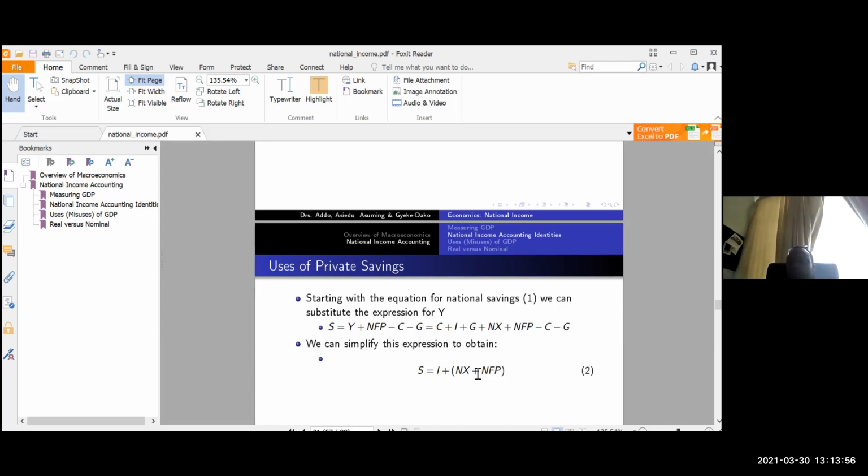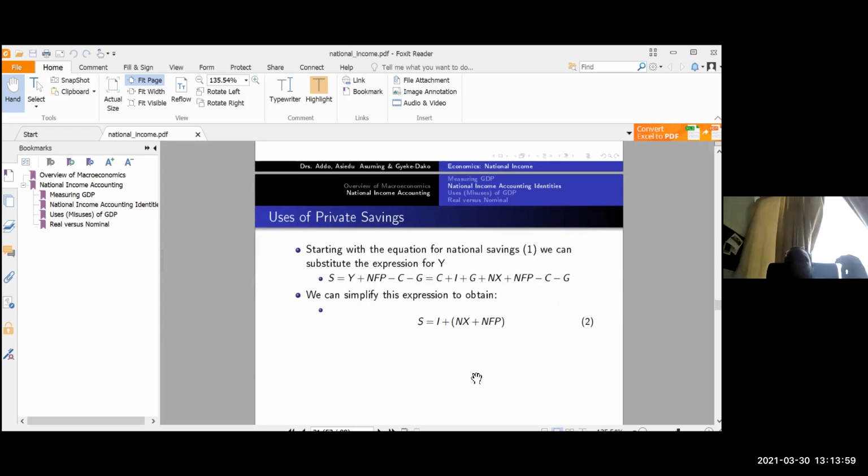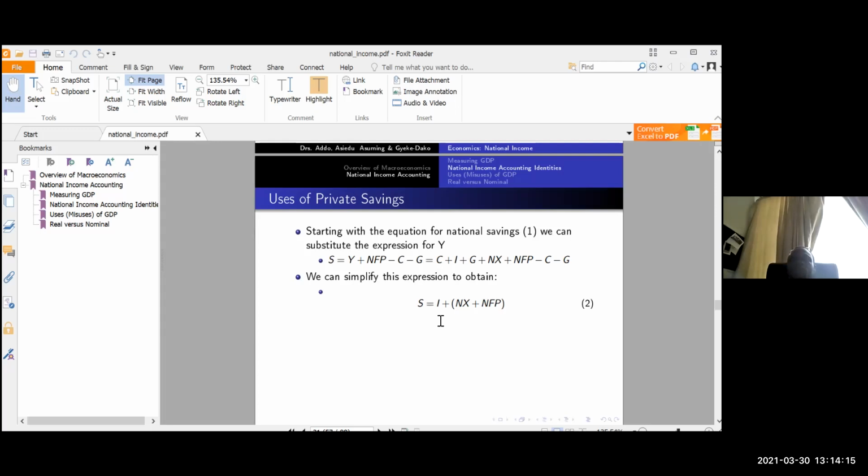You can already tell from this equation that the level of savings will influence the investments we have in the economy. If people are not saving, then we cannot invest so much. If I have a lot of disposable income, whatever amount you are earning, and you are saving a lot, then you can start a small business, you can invest.